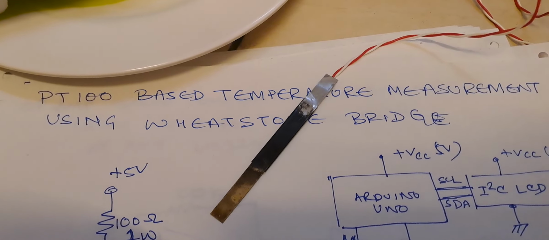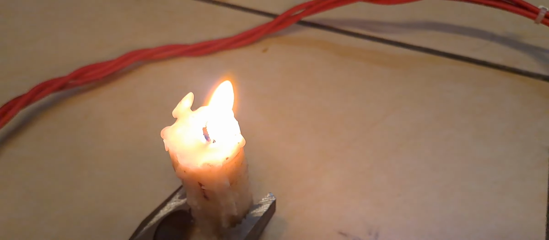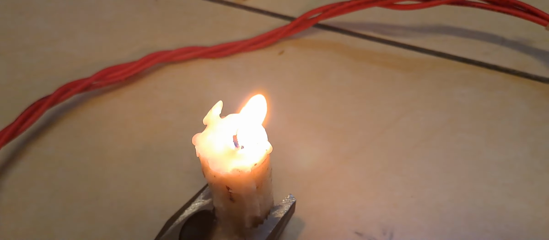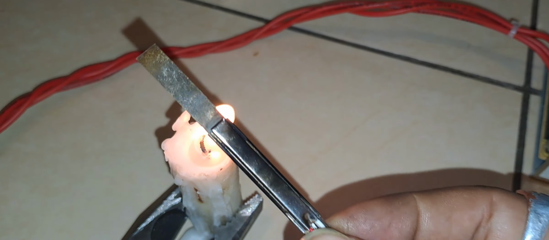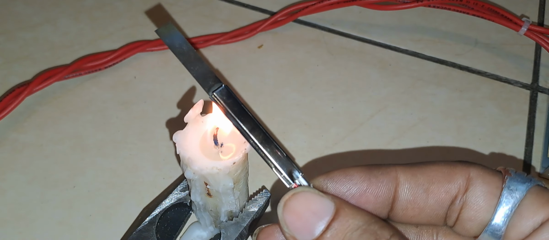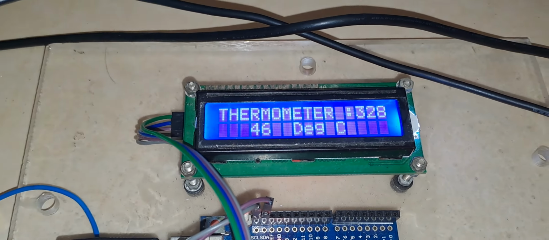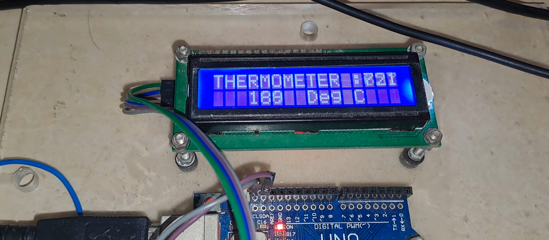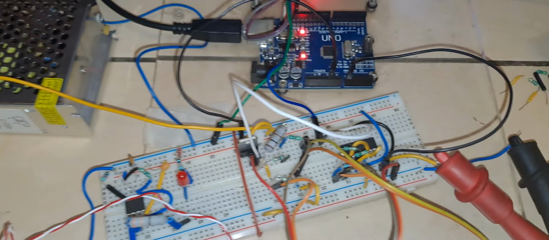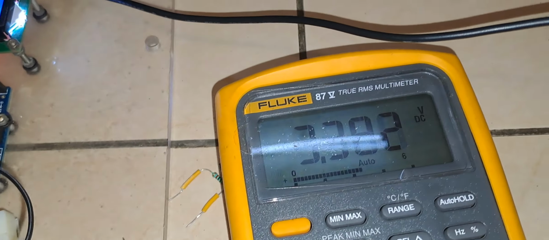Now I am going to heat up the sensor. So as you can see, this is the flame. So I am putting the sensor on the flame. The sensor is in the flame. You can see here the temperature rise is coming. So I need to show the voltage.